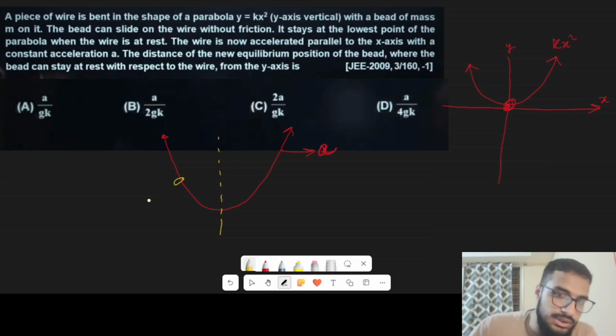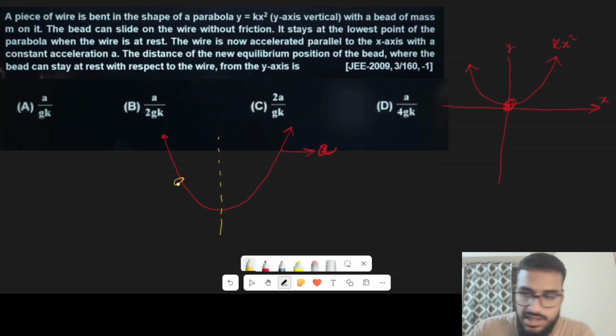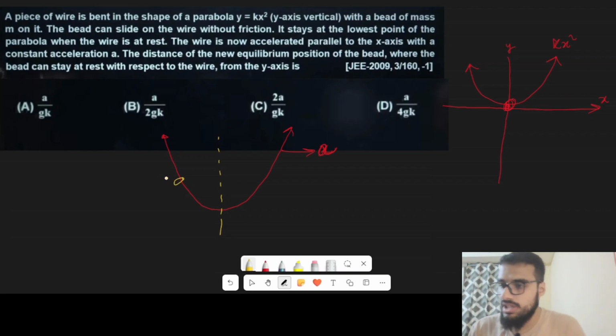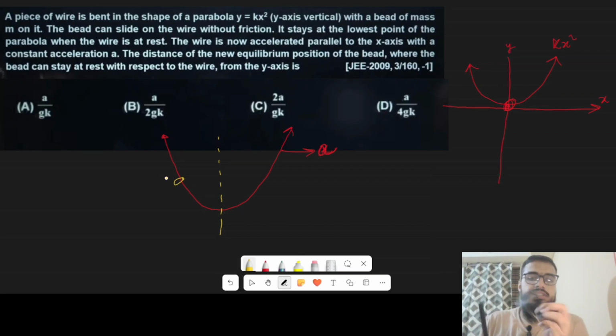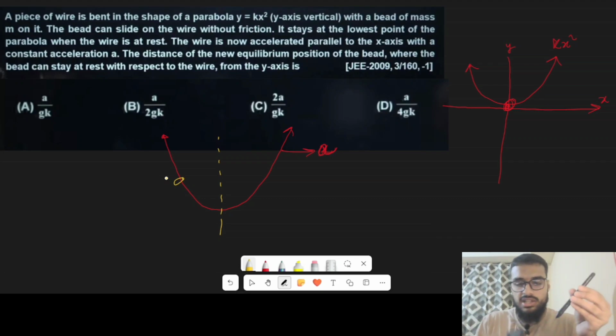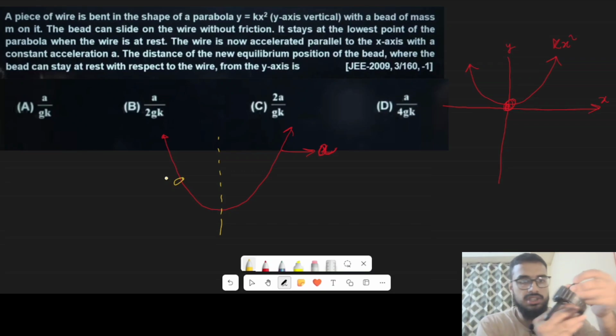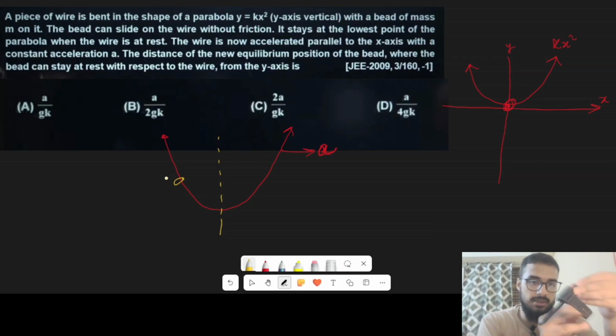It will tend to remain behind, so it will reach somewhere here. For example, I have this kind of bead here, I hope you can visualize, and this was initially here, and now the parabola starts moving rightwards. So this gets pushed like that. It still has this tendency to leave this parabola.